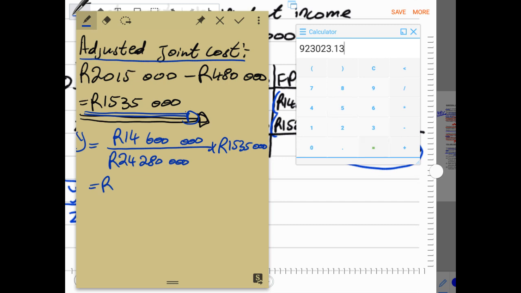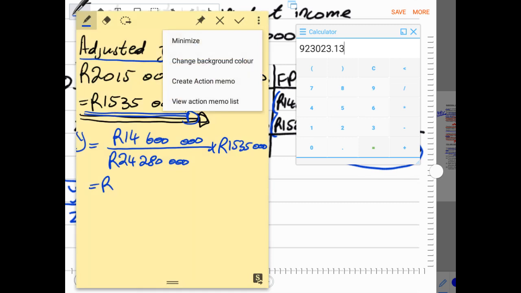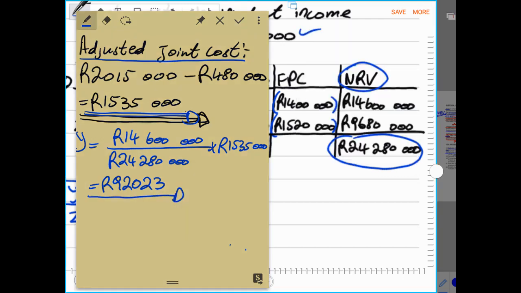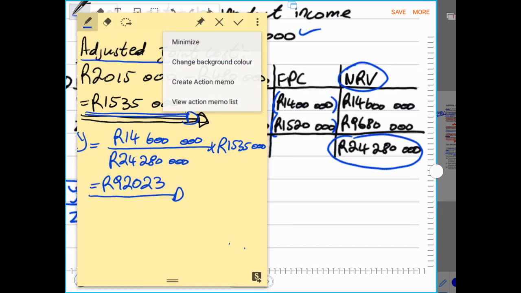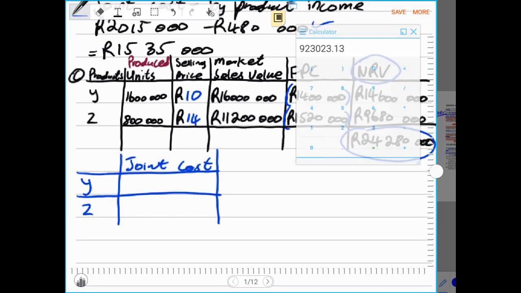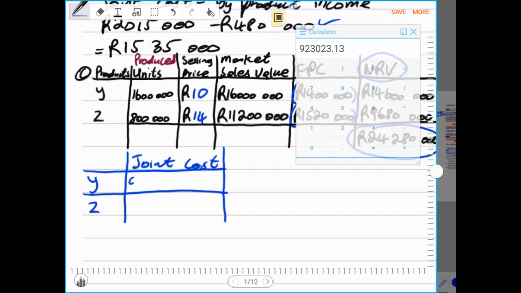Then that gives us 92,303. Therefore now this is the amount that will be recorded, and it is 92,303. Then we go and we allocate this amount.